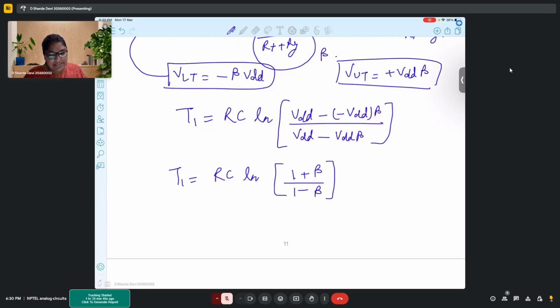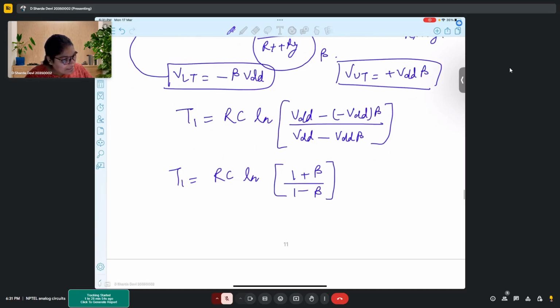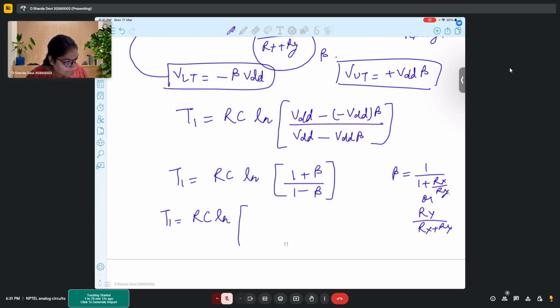Now we can further simplify this just by substituting the value of beta. So beta is nothing but 1 upon 1 plus Rx by Ry, or I can write Ry upon Rx plus Ry. So if I place this here, it is ln (1 plus Ry upon Rx plus Ry) by (1 minus Ry by Rx plus Ry).